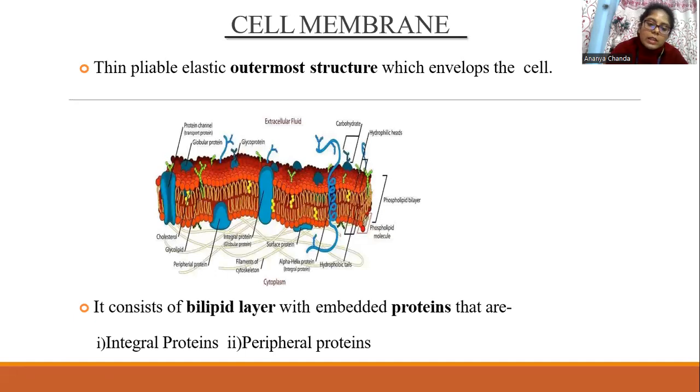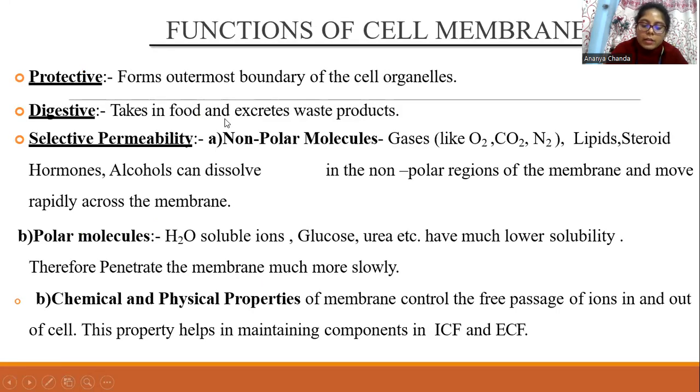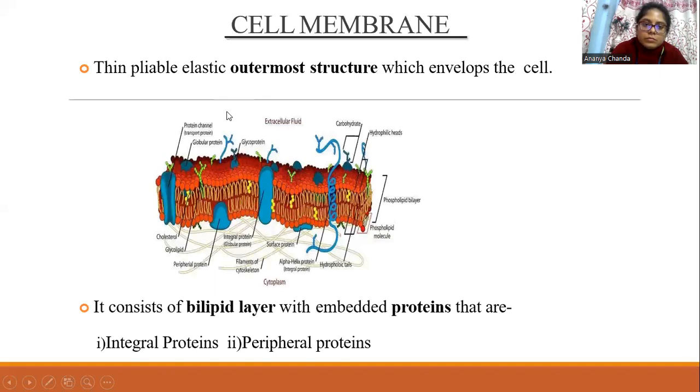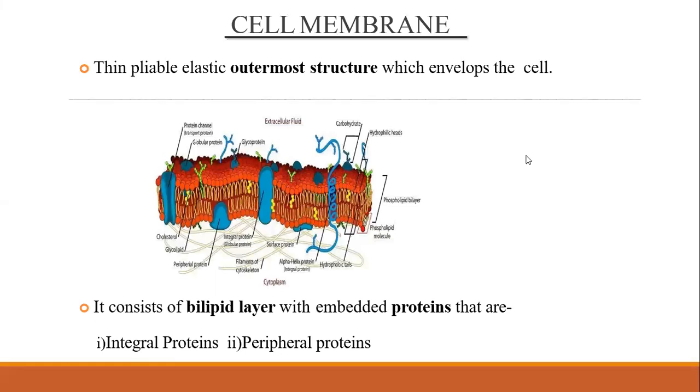Firstly, we come to the cell membrane. The cell membrane is also known as the plasma membrane. This cell membrane is a selectively permeable biological membrane which allows only certain substances to pass through it. It acts as a barrier between the inner and the outer surface of the cell.